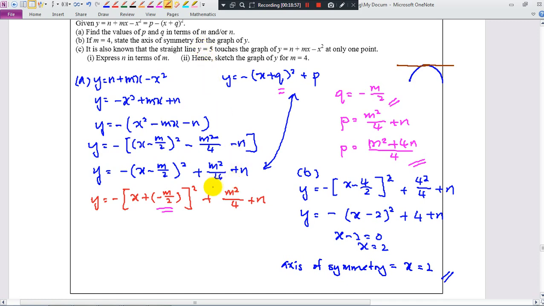So we can take this whole thing equal to 5, or we can use this one. Okay, I think I just use this one, as this is the same thing as this one. So m squared plus 4n over 4 equal to 5.